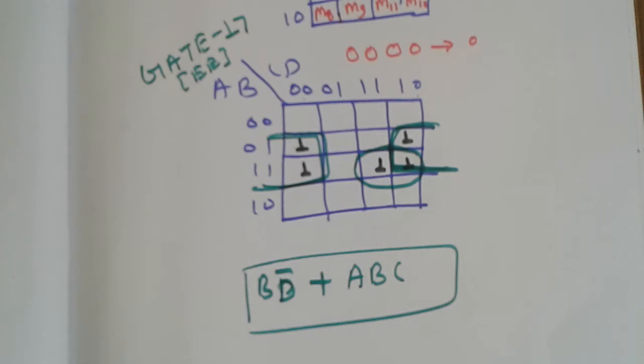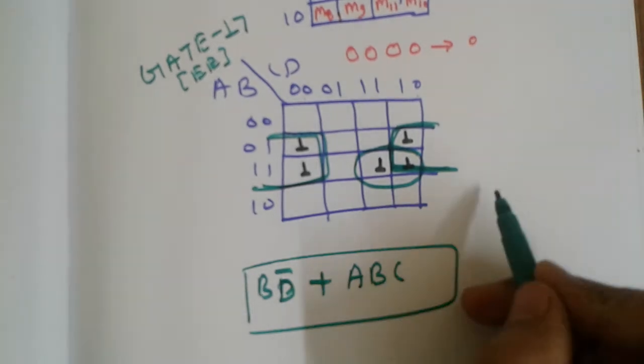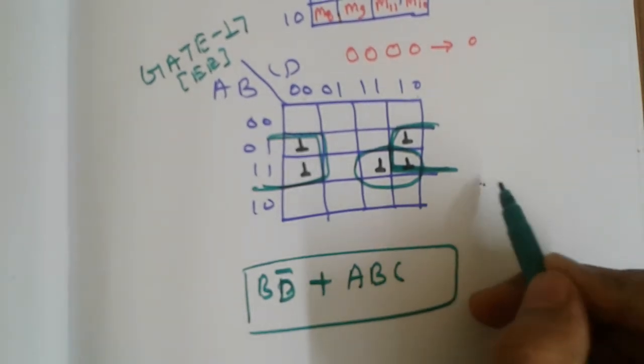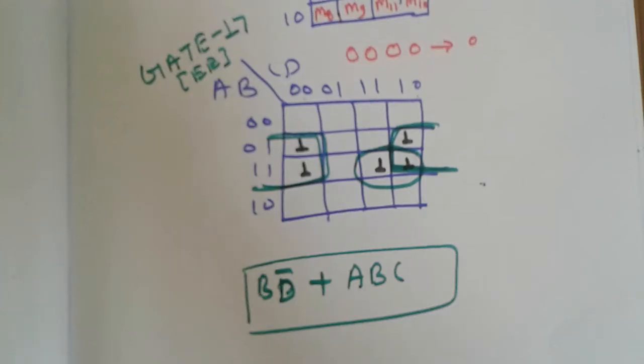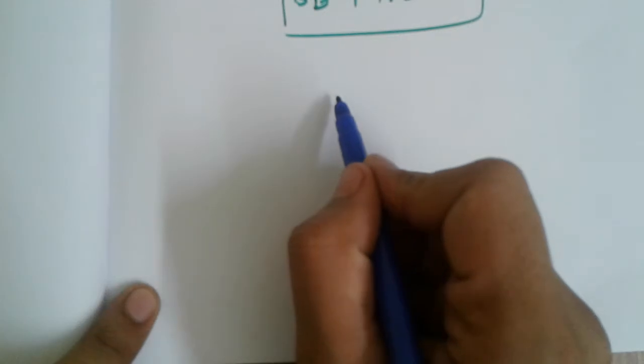And then I have to explain some concept. If in a K-map we have diagonal adjacency, meaning we have only one diagonal element, then we can't minimize further.